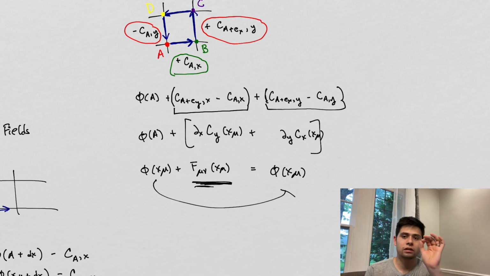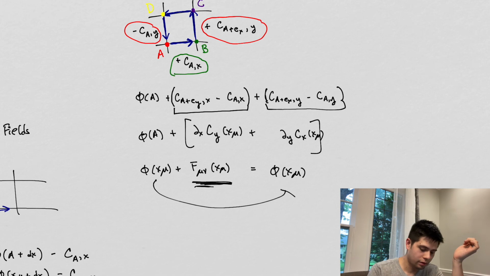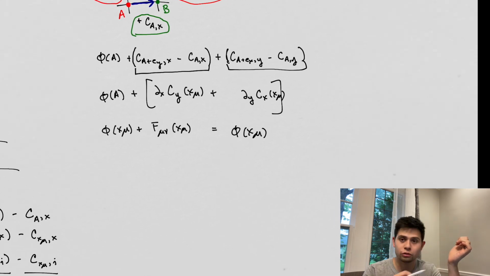Your perspective at one point, for example, as you travel along the closed loop could be different once you get back. It's a little bit weird to think about. But again, this is going to be related to our electromagnetic field tensor, and that's what this thing is actually called. But this fundamentally relies on changes in coordinate systems as we travel from one point to the next.